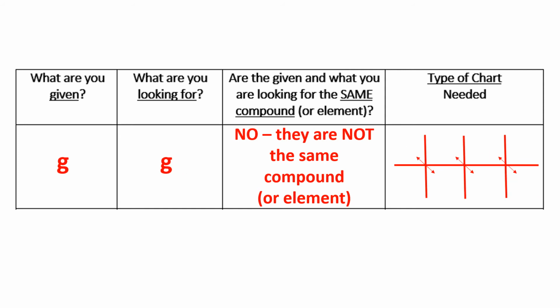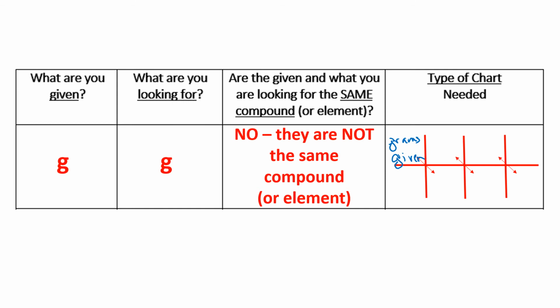Okay, so next, grams to grams. In reality, this is the part that's really the most important, but you had to know those previous steps to be able to really set this up. So we have grams to grams that are not from the same thing. We start with grams of our given. We have to convert that to moles.